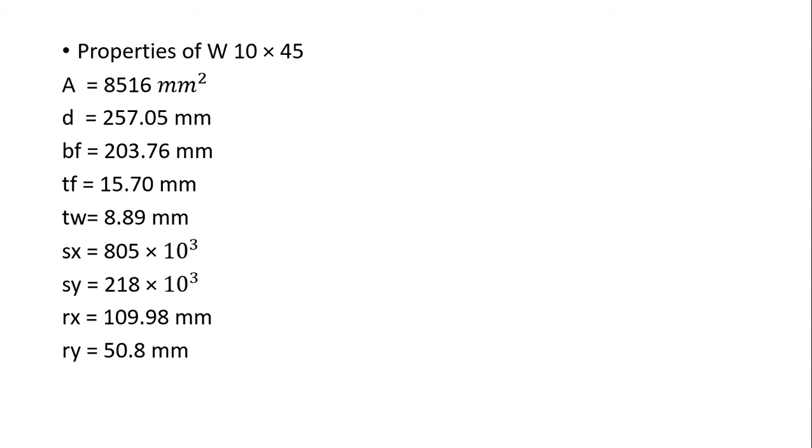TW is equal to 8.89 mm. SX is equal to 805 times 10 raised to 3. SY is equal to 218 times 10 raised to 3. Rx is equal to 109.98 mm and Ry is equal to 50.8 mm.